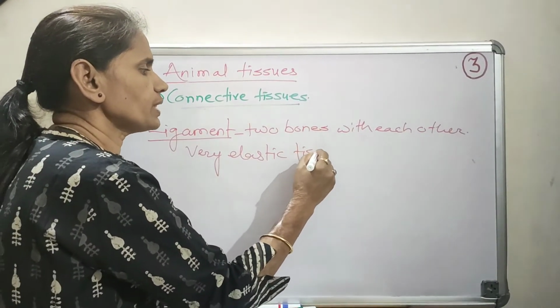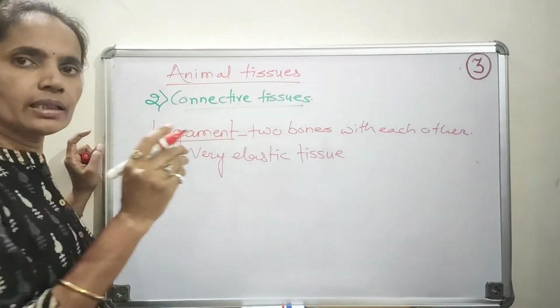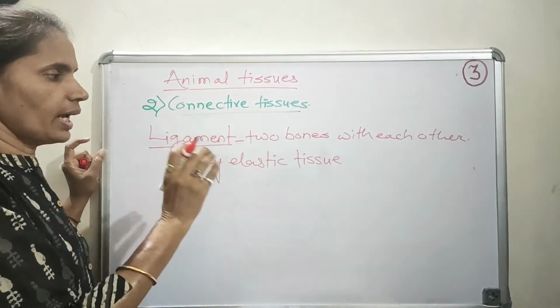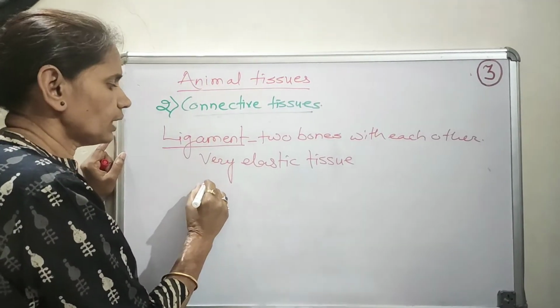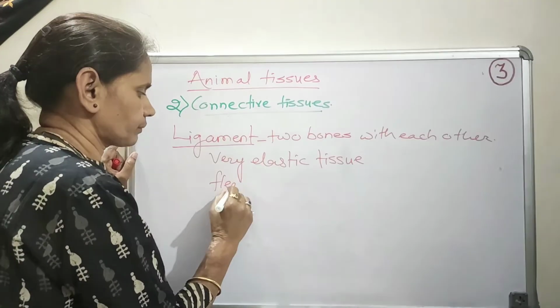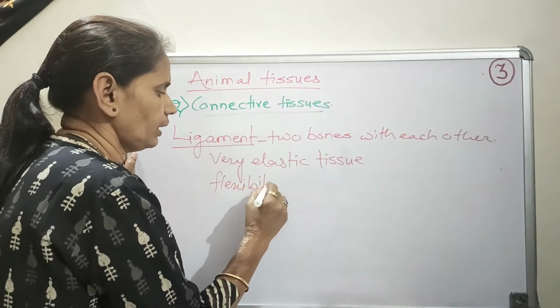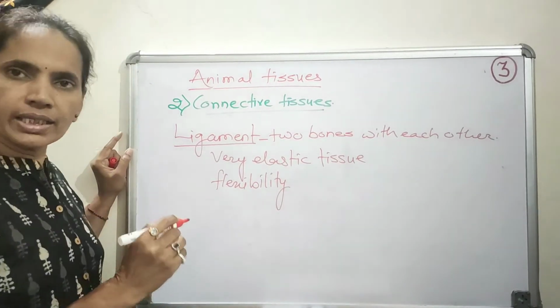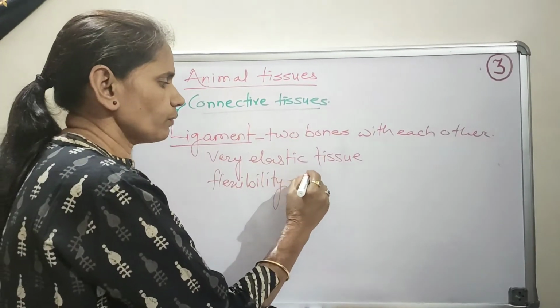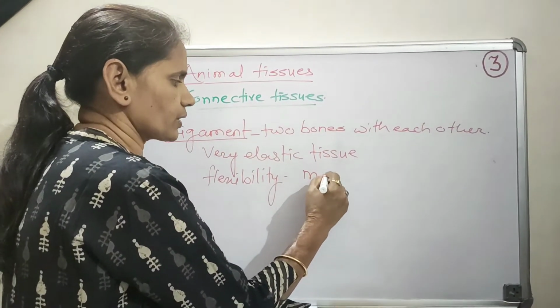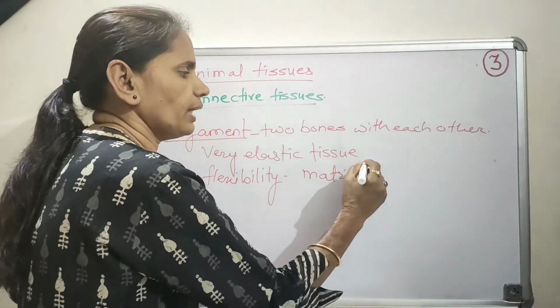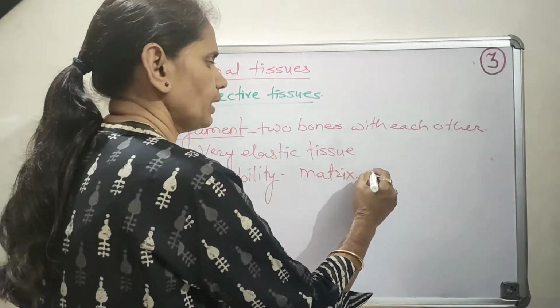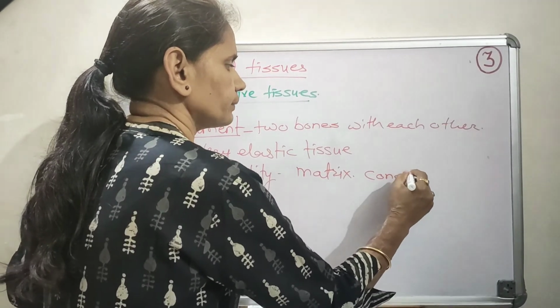That means because of its elasticity, it can connect the two bones and it has flexibility. It has remarkable flexibility. It consists of very little matrix and it has considerably less strength.